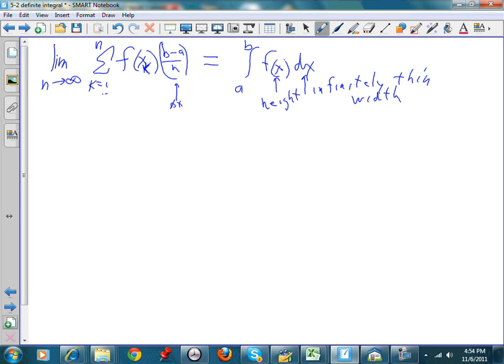So we're still adding up areas. There's a reason why we wanted to start by adding up areas: so we'd get some intuition before we just gave you this notation. This is what we're calling the definite integral.